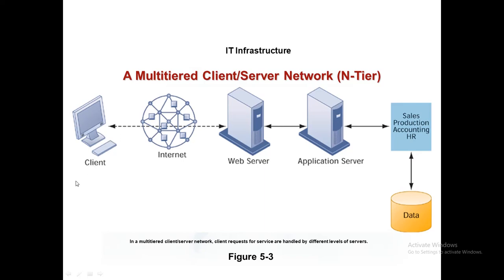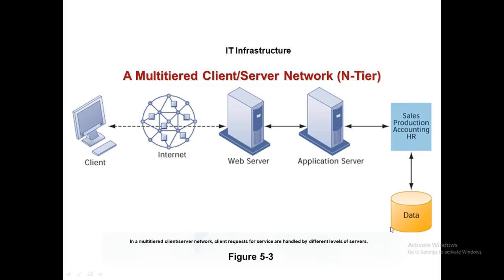Then we have the multi-tiered client server era, where we can have the client side, this is a client computer, then we have our internet, then we have a number of servers, like the web server, then this one is the application server connecting to the database.